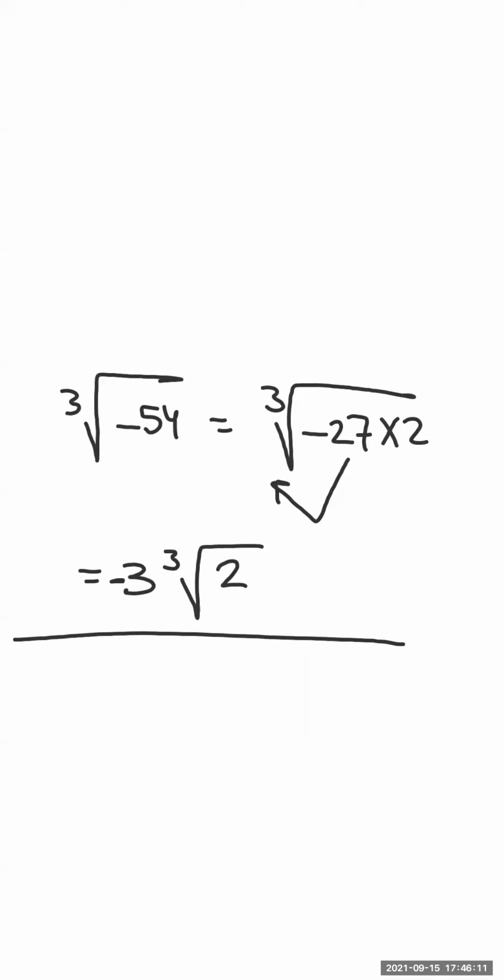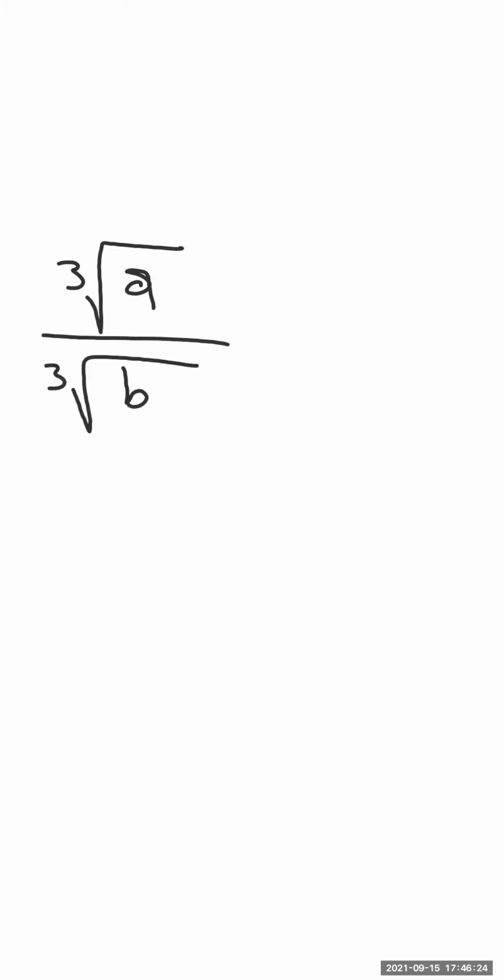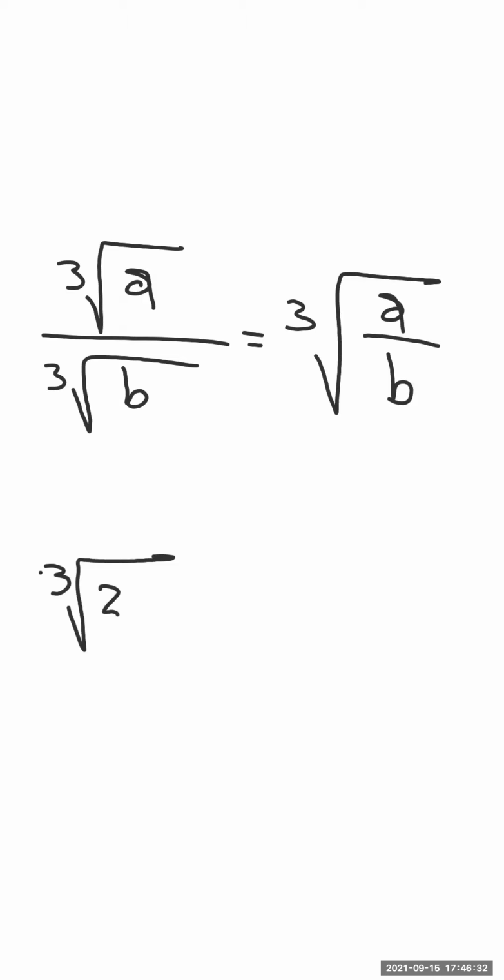Then what about the division? Also the same concept like the square roots. If it's a cubic root of A divided by cubic root of B, simply it will equal cubic root of A over B. Numerical example: cubic root of 32 divided by cubic root of 4.